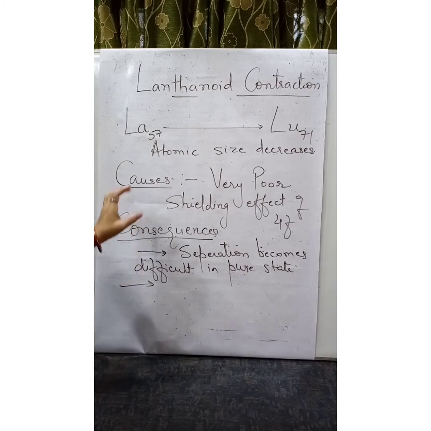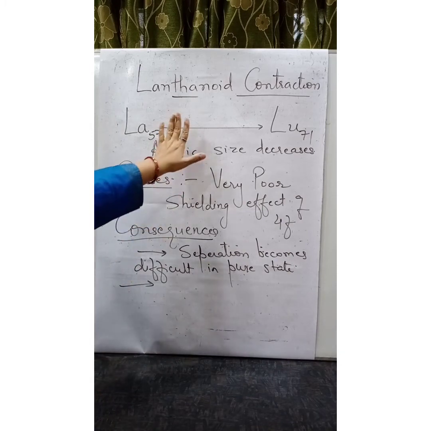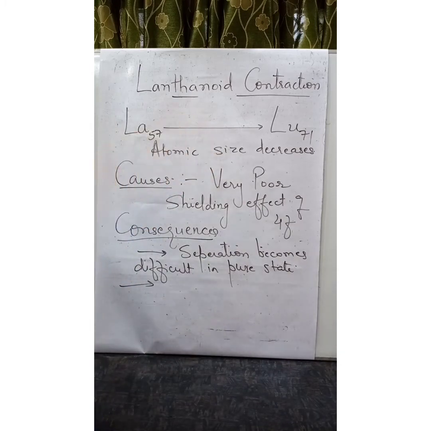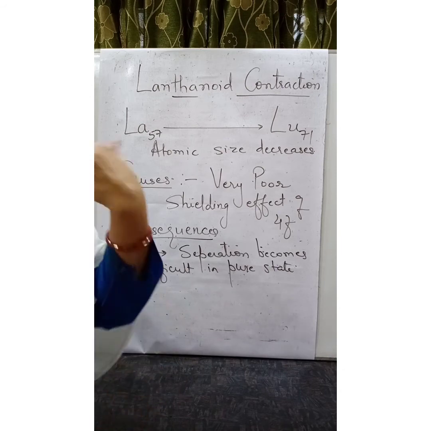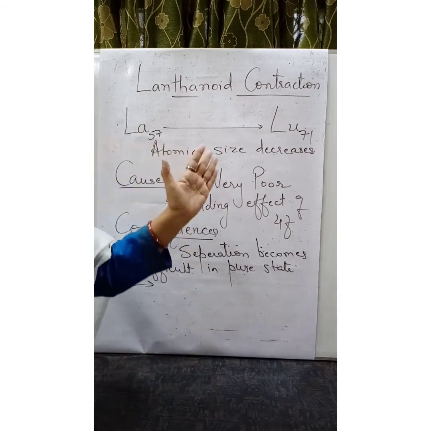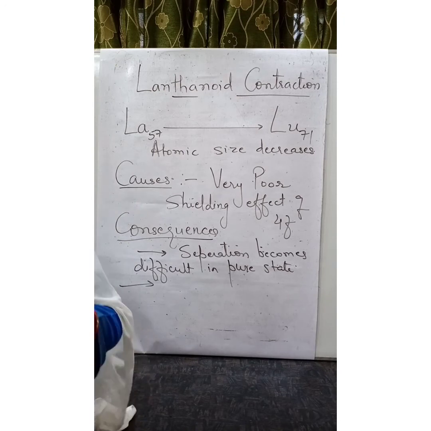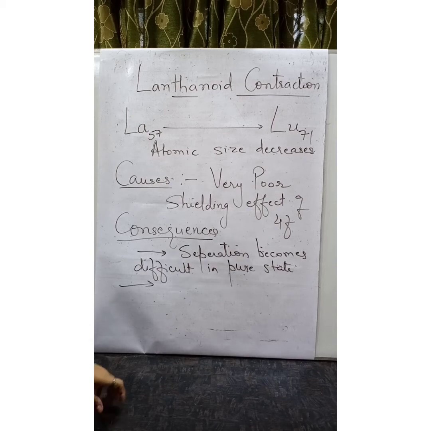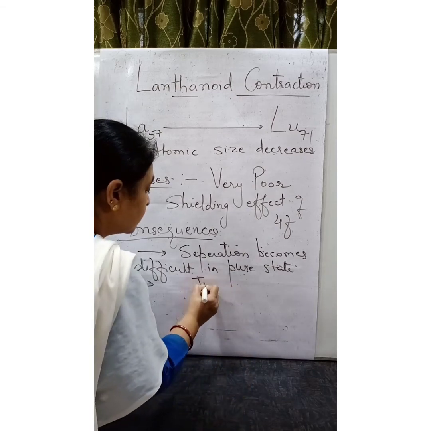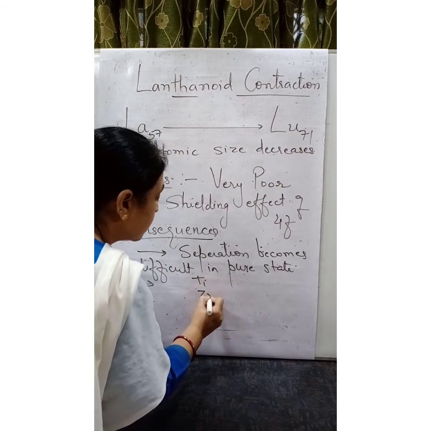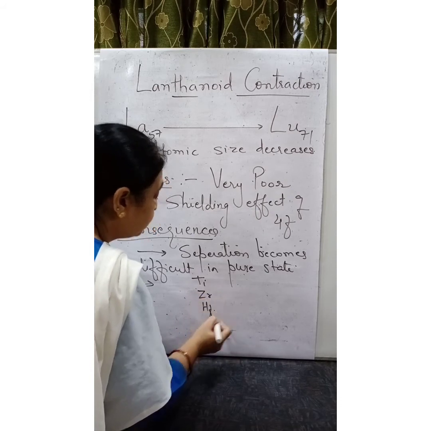The next consequence of this lanthanoid contraction is that the effect is felt by the elements even beyond the lanthanoid series. For example, consider group 4A: titanium, zirconium, hafnium.